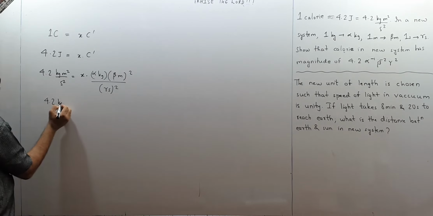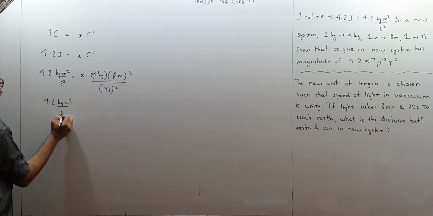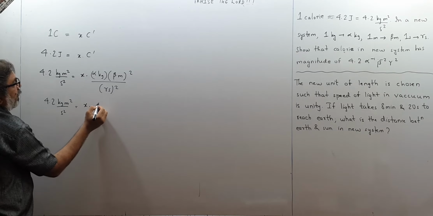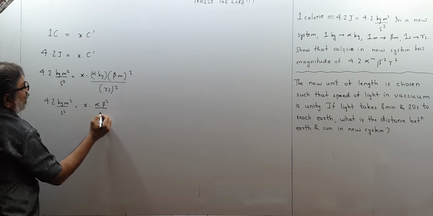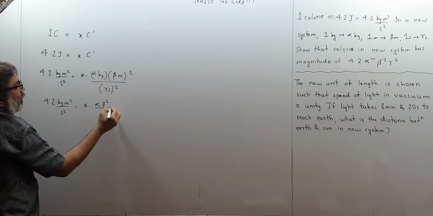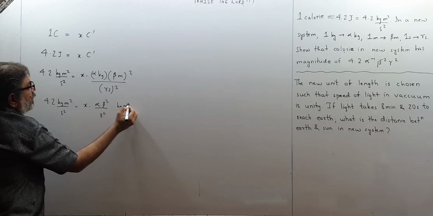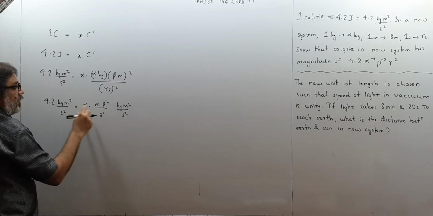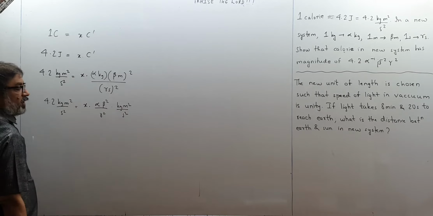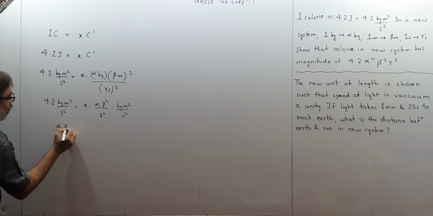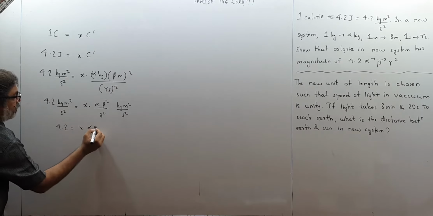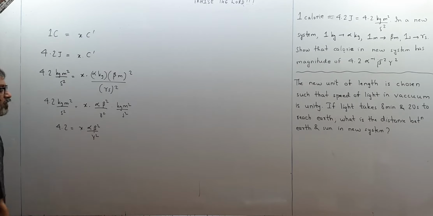So 4.2 kg meter square upon second square becomes equal to x alpha beta square upon gamma square into kg meter square upon second square. So this gets cancelled out. So 4.2 becomes x into alpha beta square upon gamma square.